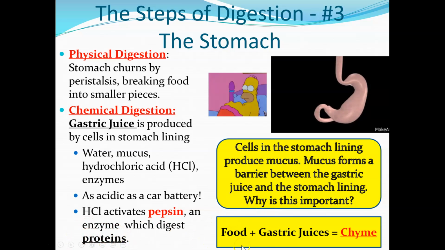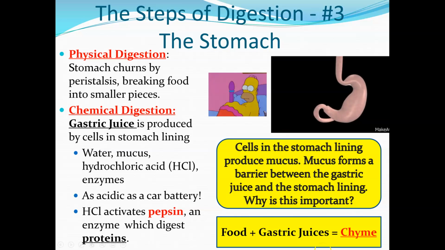So cells in the stomach lining produce mucus. Mucus forms a barrier between the gastric juice and the stomach lining. And why is this important? Well, you want to protect that stomach lining from the hydrochloric acid, because that can damage the stomach lining and cause ulcers.